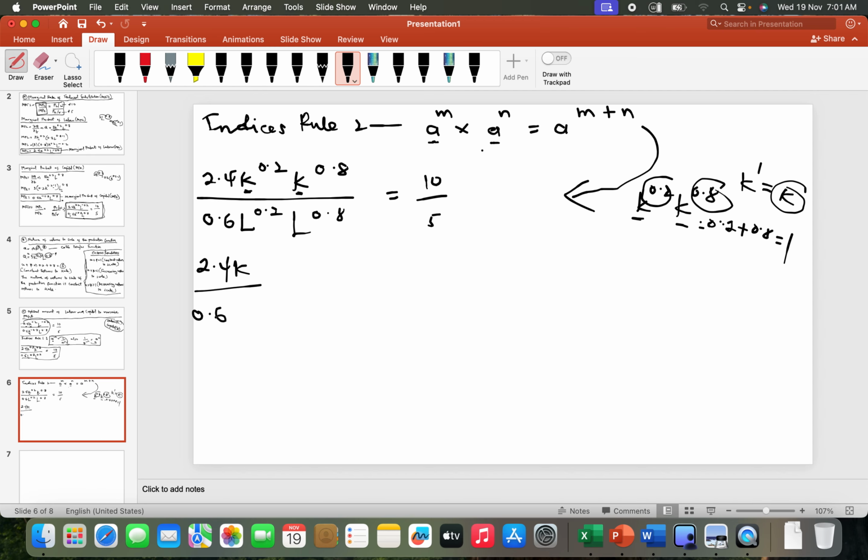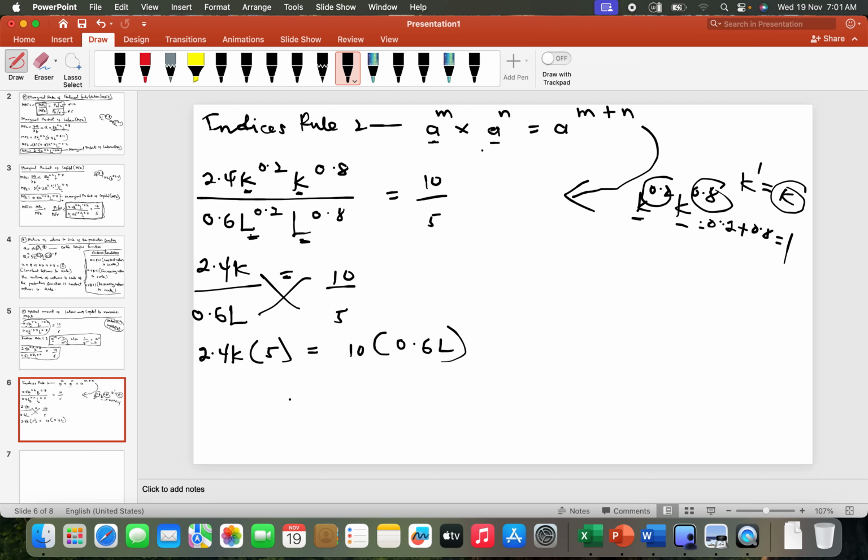The same thing for 0.6: same base, add exponents, so L exponent 1, but we don't write L exponent 1. It's equal to 10 divided by 5. At this point, we just do cross multiplication. So I have 2.4K times 5, which is equal to 10 times 0.6L.